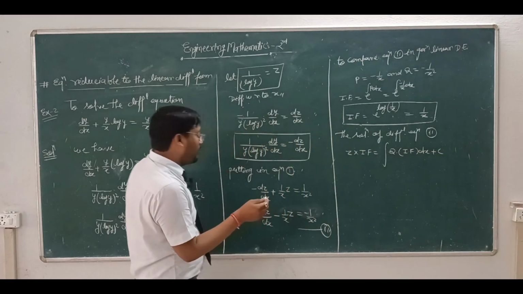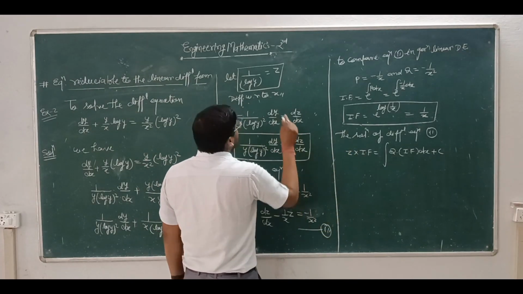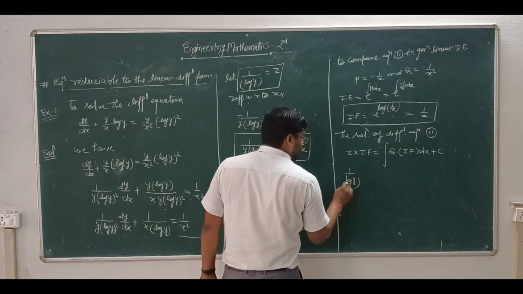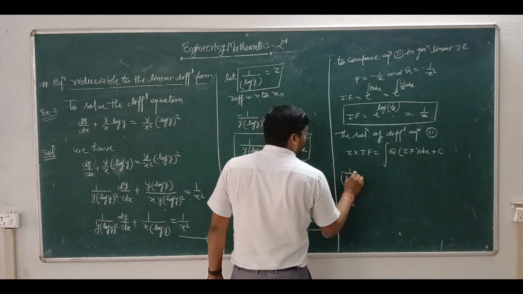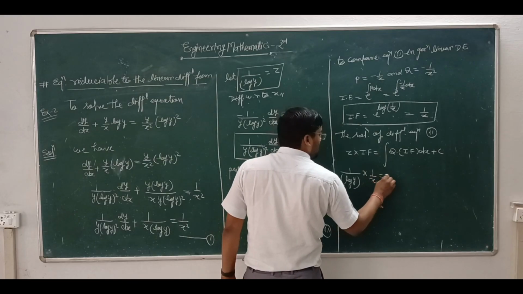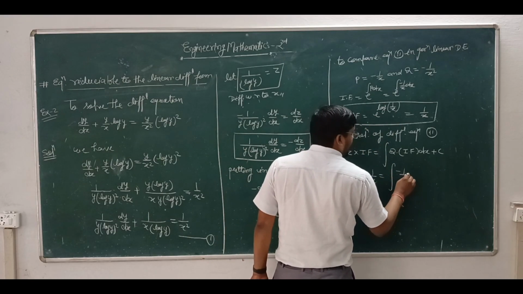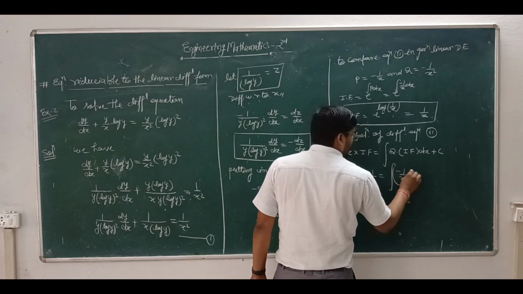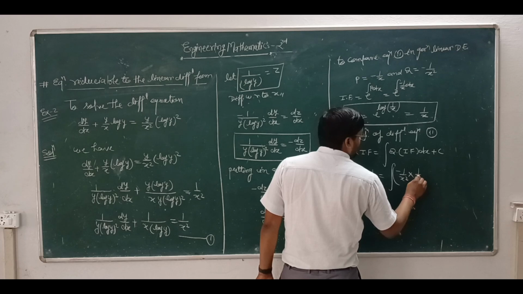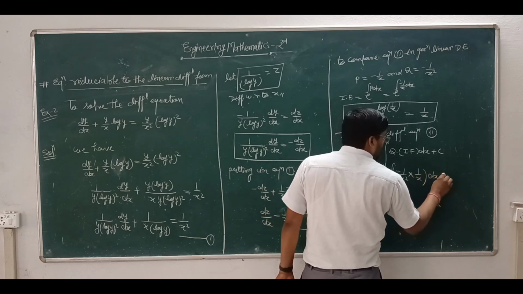Now putting all the values of z and IF: z means 1/log y, into IF, which is 1/x, is equal to the integral of Q, which is -1/x², into IF, which is 1/x, dx plus c.